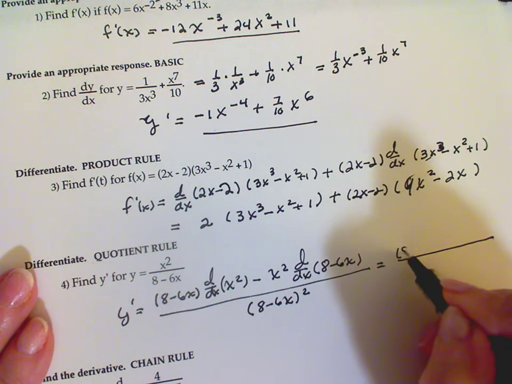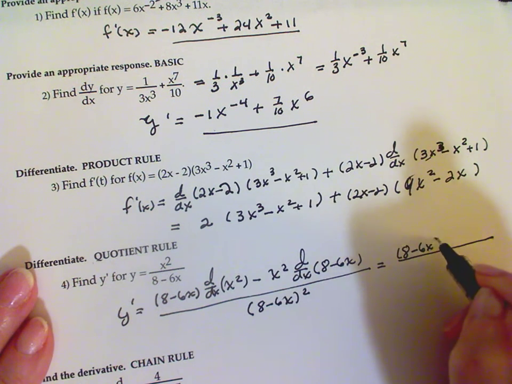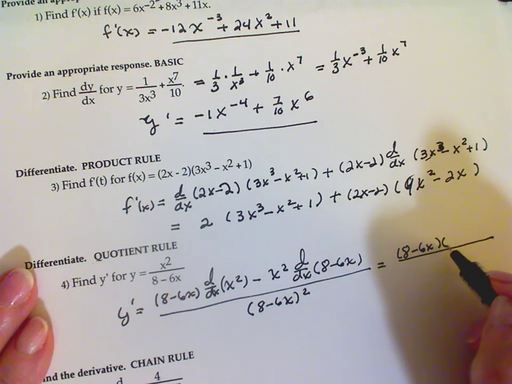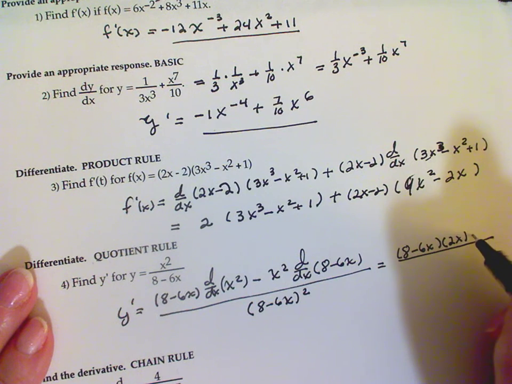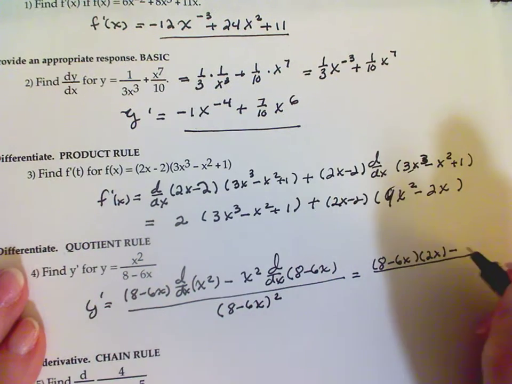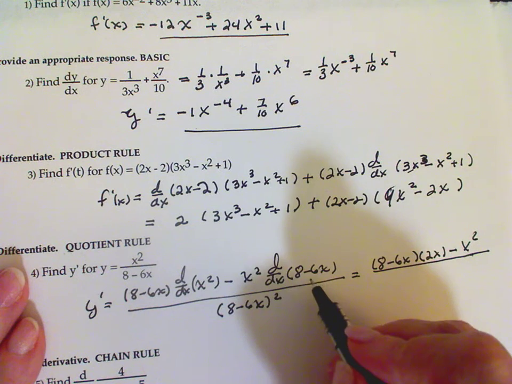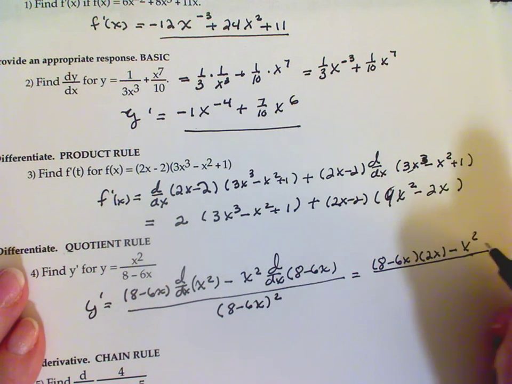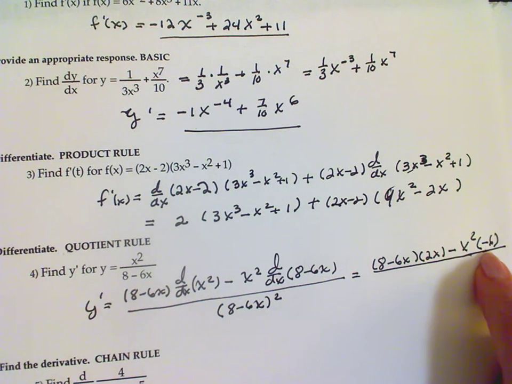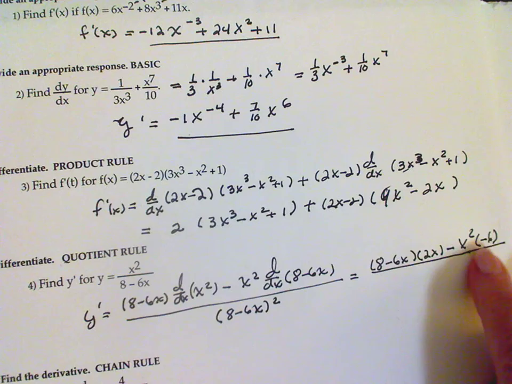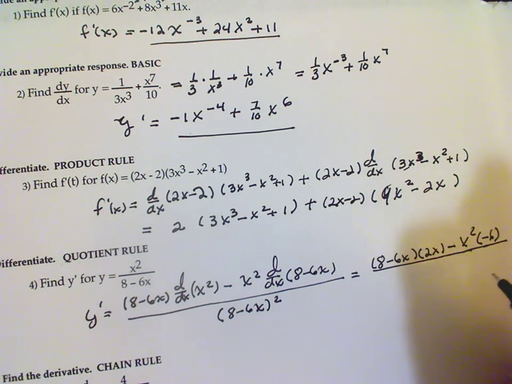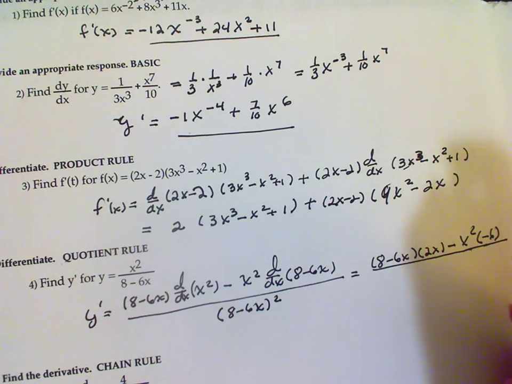So this becomes 8 minus 6x, derivative of x squared is just 2x, minus x squared. The derivative of 8 is 0. The derivative of minus 6x is just minus 6. Now you're either going to have the minus 6 in parentheses, or you'll have to have a times sign in between, because otherwise it will look like a subtract 6.